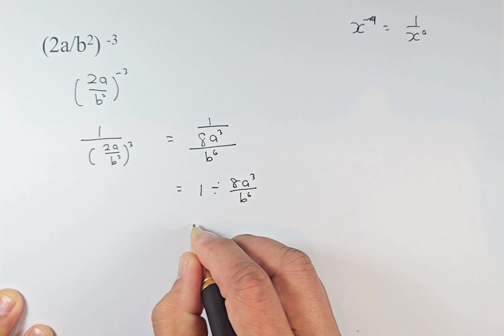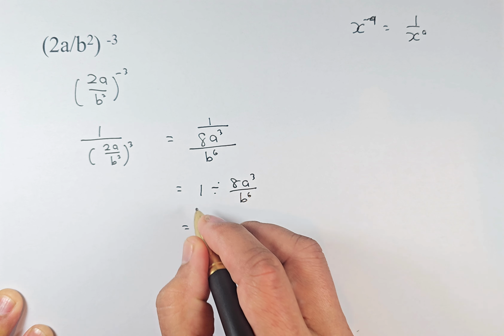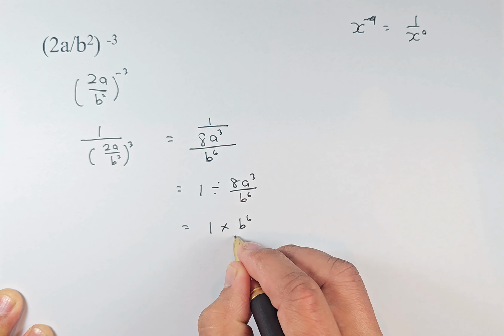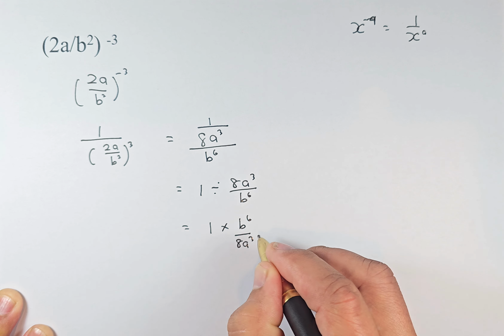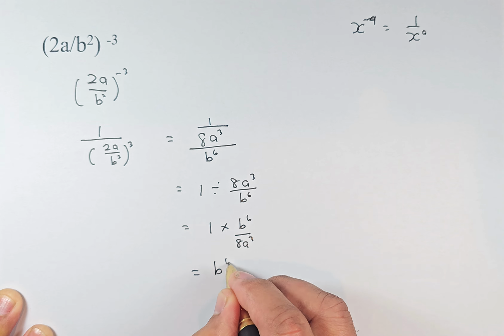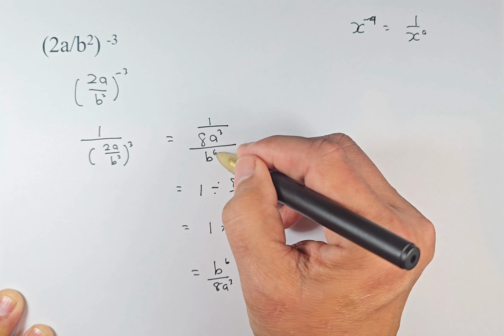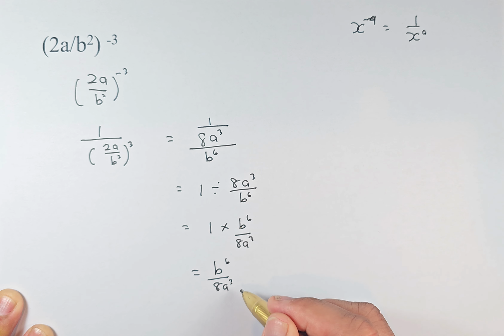As you know how to divide, you keep, flip, and change. So flip it: b^6 over 8a cubed, and that's the answer, because 1 times any number is the same. Remember, if you have 1 over this fraction, you just flip it and that will give you the answer. So in the future, we will just flip the bottom to the top, and then we have the answer.